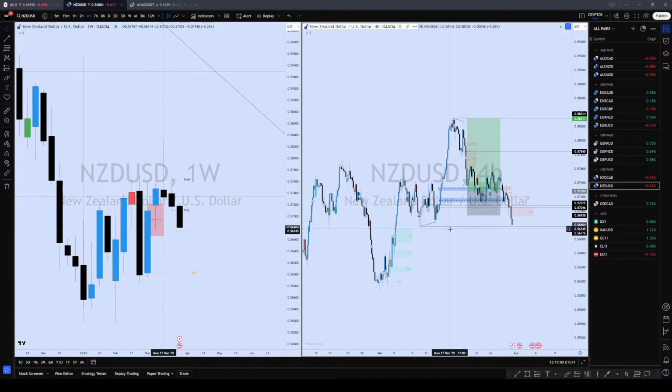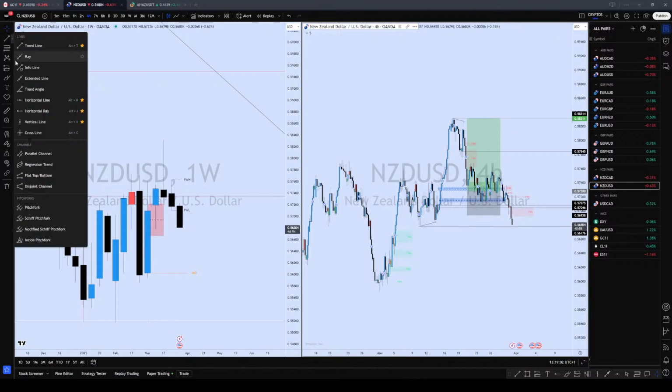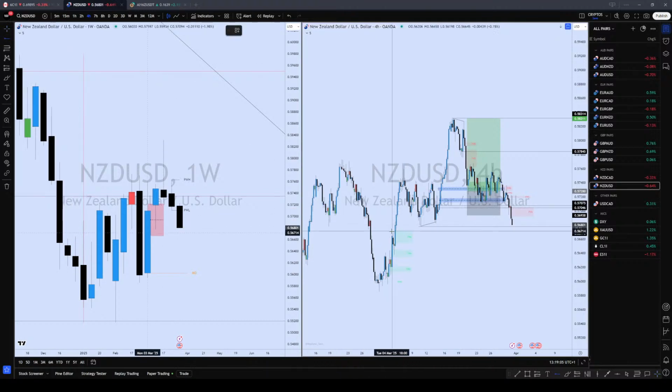Once we are below this low, watch this gap. Watch that. We might get a rejection from there. All right. Yeah, so that's that for the New Zealand dollar.